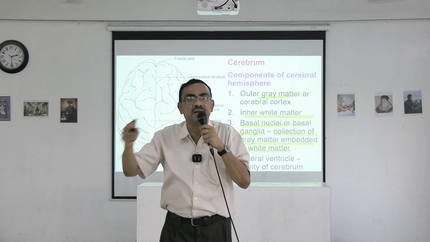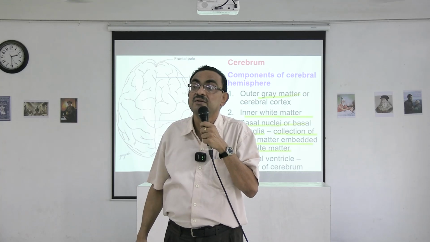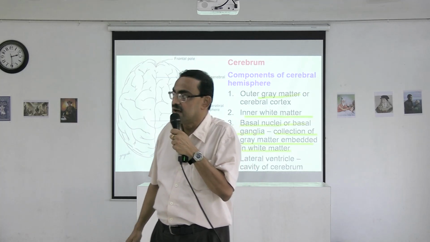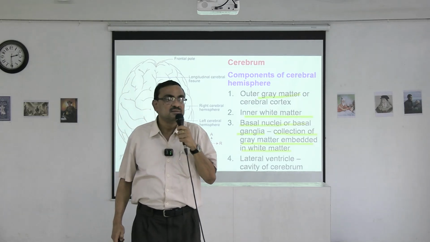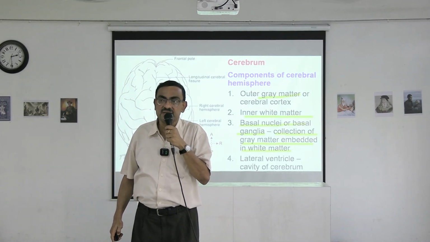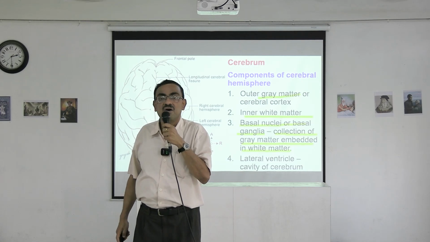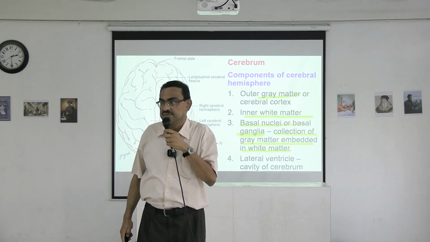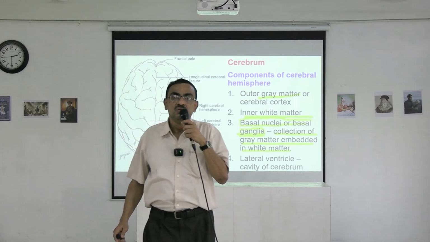And within the white matter, that means within the subcortical area, we can get again some grey matter. So subcortical grey matter consists of the basal nuclei or basal ganglia. We will learn later on.